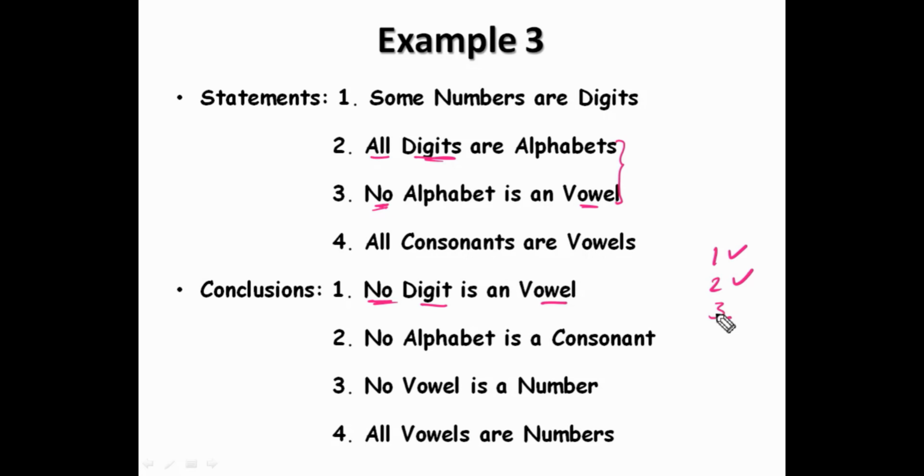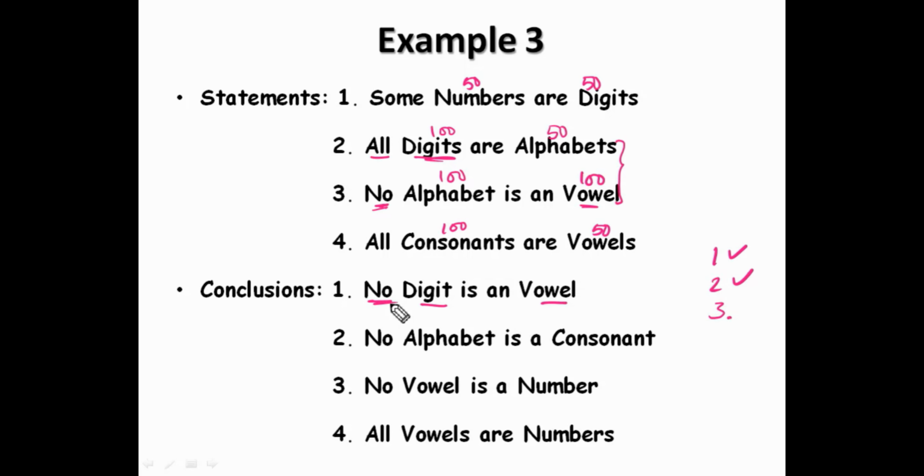And the third step is income and expenditure. Sir, I am writing income and expenditure for all the statements. Some means 50, 50. All means 100, 50. No means 100, 100. All means 150.